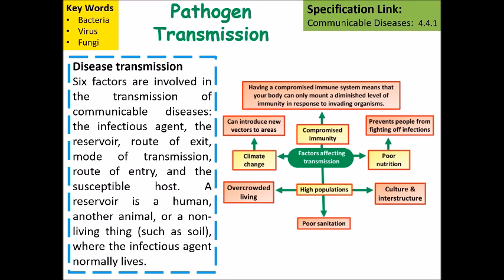Poor nutrition can be an effect because people who have poor nutrition often will have a lower immune system. If a person already has compromised immunity, they will be less able to fight off the disease. And climate change. Climate change refers to where the climate is changed sufficiently in an area that a new vector can enter and survive in it.